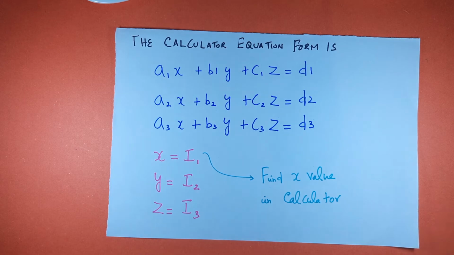So this is for problem solving using a calculator. The calculator equation form is a1x plus b1y plus c1z equal to d1, a2x plus b2y plus c2z equal to d2, a3x plus b3y plus c3z equal to d3.